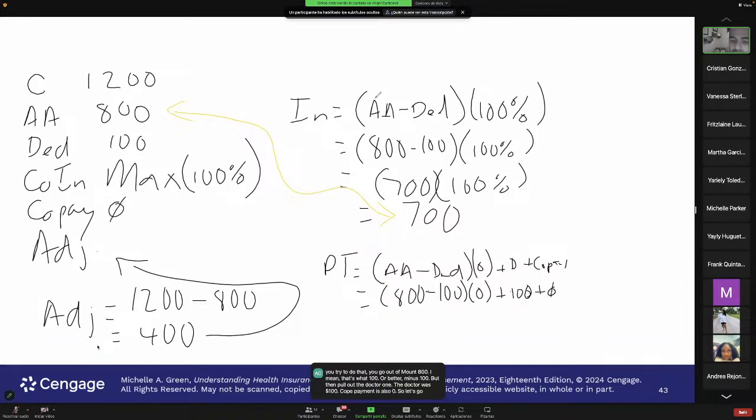So you have 800 minus 100 is $700, times 0 plus 100. 700 times 0 is 0 plus 100 equals 100. In the previous one, because there was no deductible, the patient paid nothing. But in this one we have a deductible, so the patient pays $100.